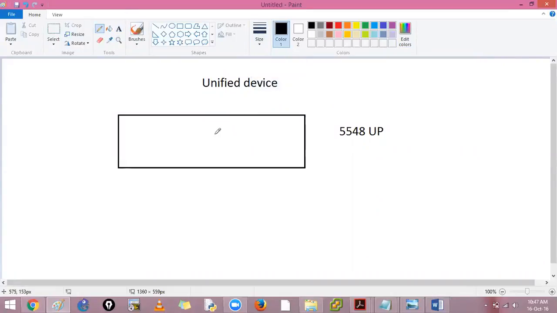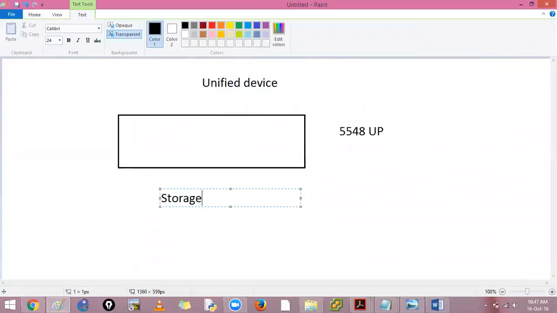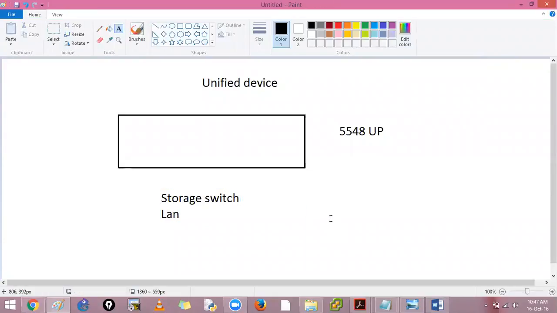For example, this can act as a storage switch also. If you compare it with another vendor, you have a very nice vendor called Brocade. This vendor creates only SAN devices, you can say. Storage level switches are different, LAN switches are different. Now I can use this for my LAN side and my SAN side also.